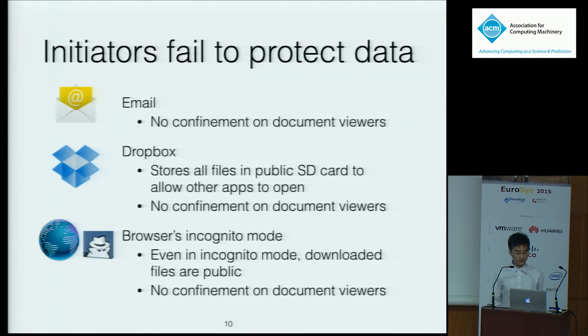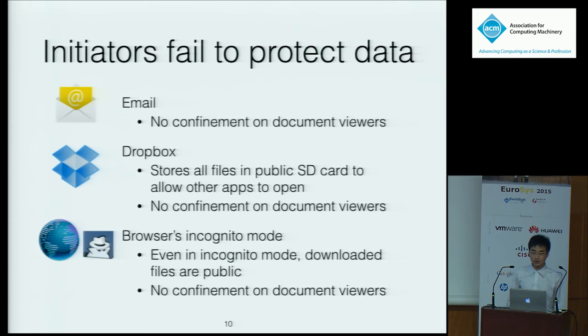In Android, initiator apps don't have a way to protect the data sufficiently when they want to share it. The email app has no confinement on the document viewers for the attachments. The Dropbox app simply stores all users' files on the public SD card to allow other apps to open them. Again, there's no confinement on the document viewers it invokes.